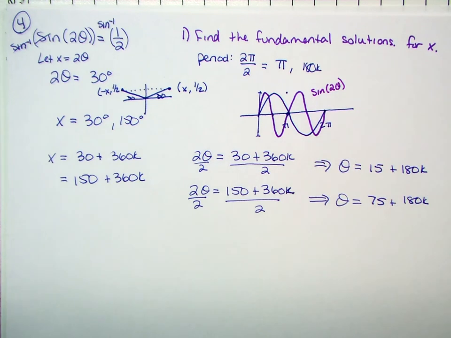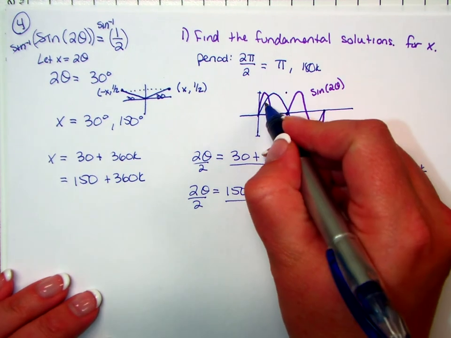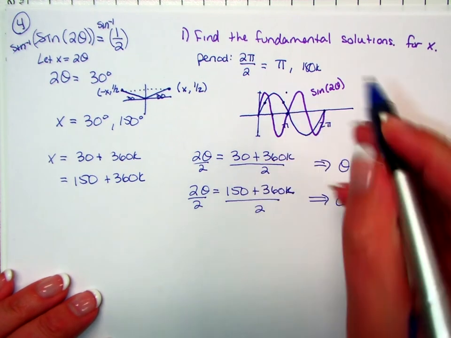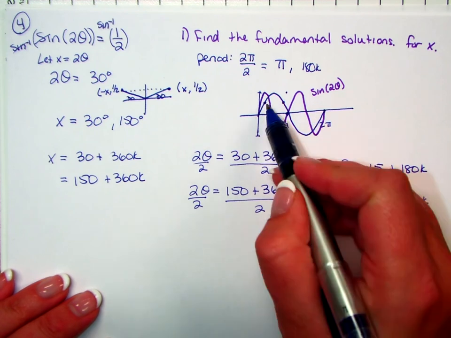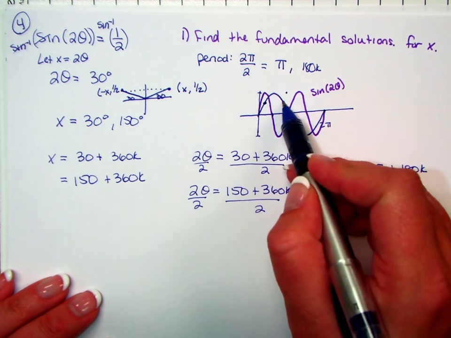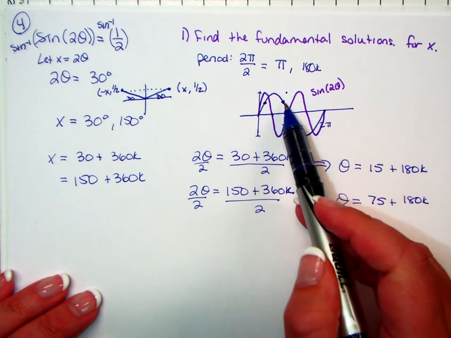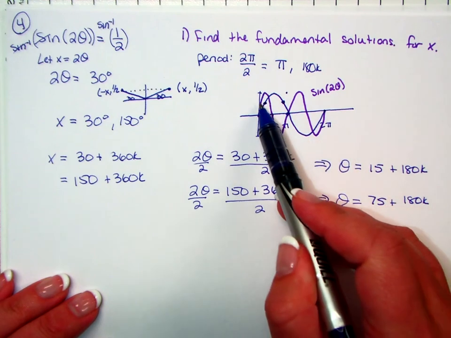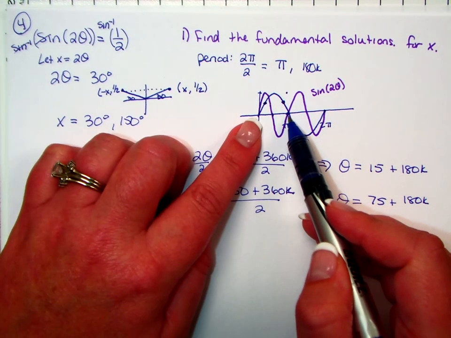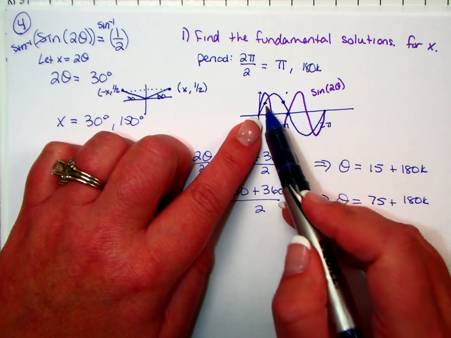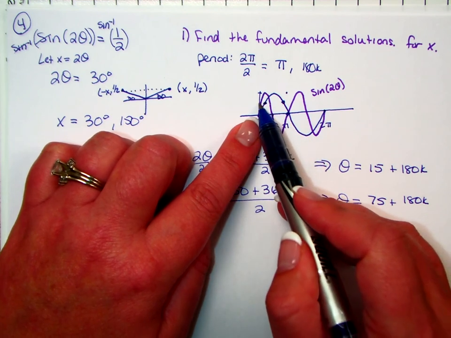And so we're looking for where these functions are a half, right? So a normal sine function only has 2 solutions, right? This corresponds to the 30, and this corresponds to the 150. A sine 2 theta is also going to have 2 solutions on its fundamental period, but they're scooched over, right?